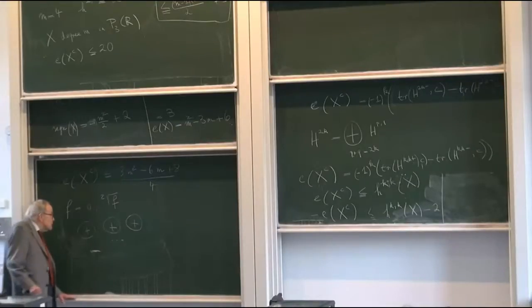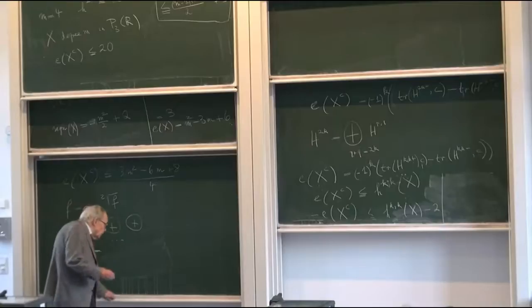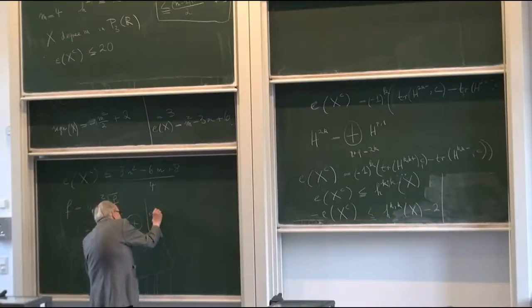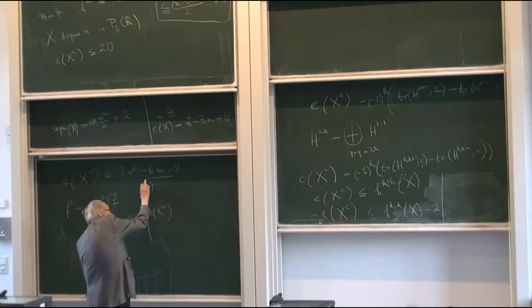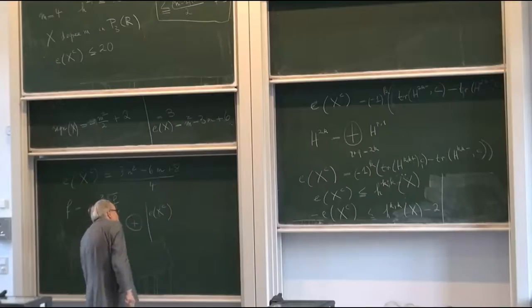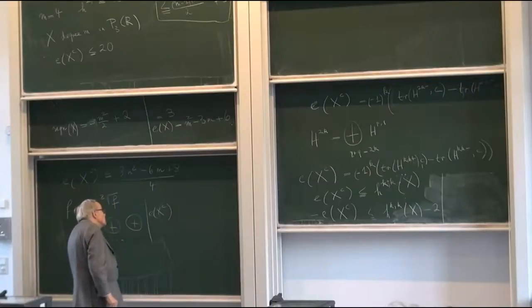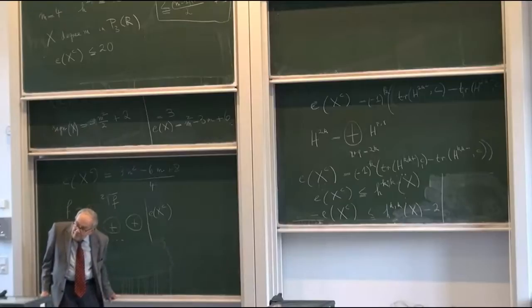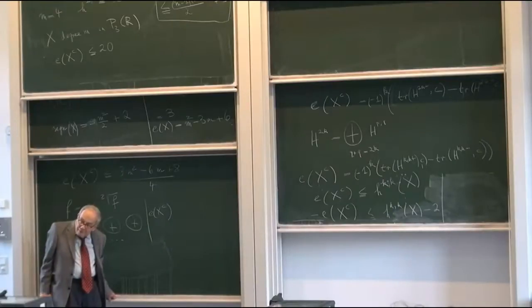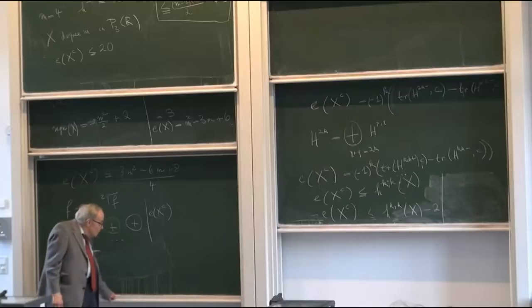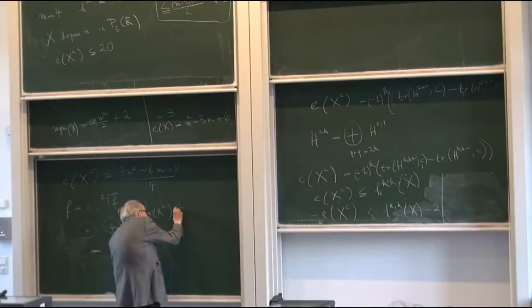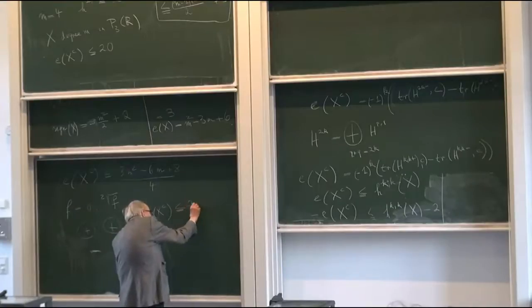M equals 6, we have the Euler number of XC. Can somebody calculate this for m equals 6? 20. Good. Euler number of XC is less or equal 20.